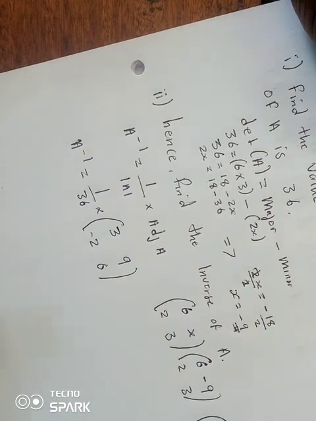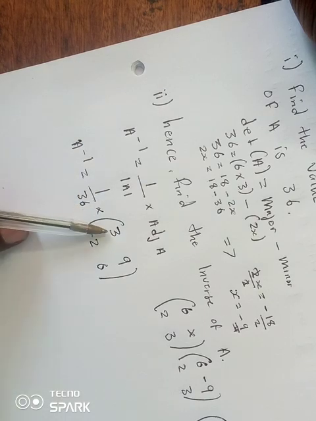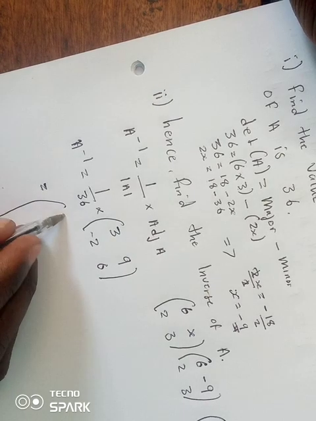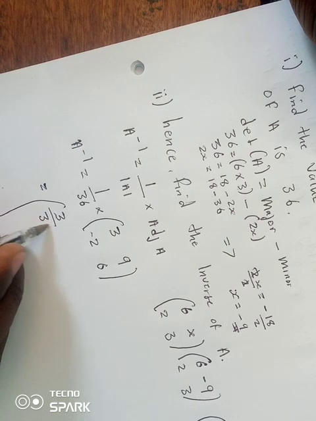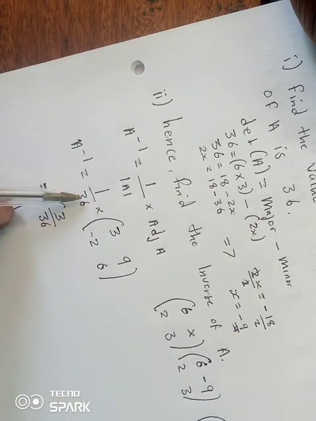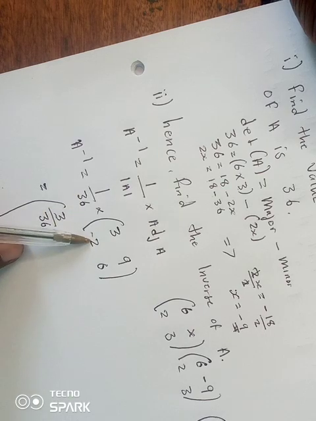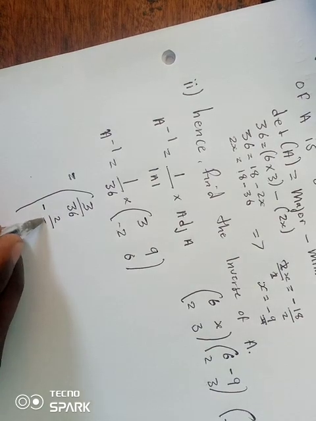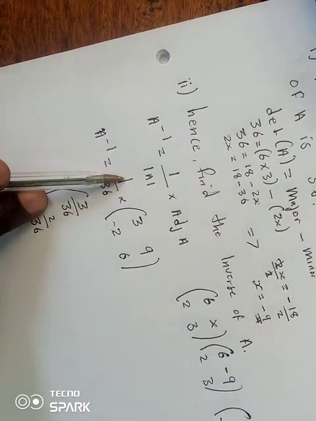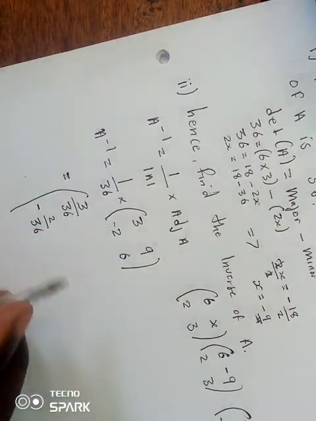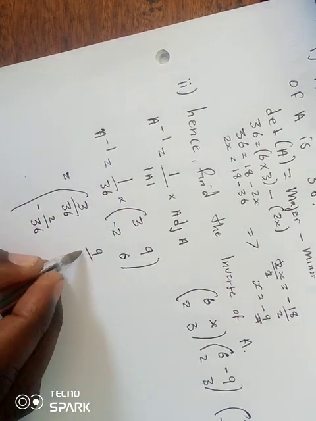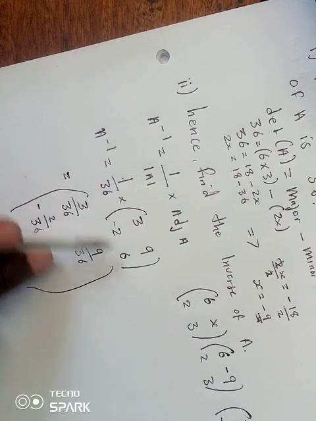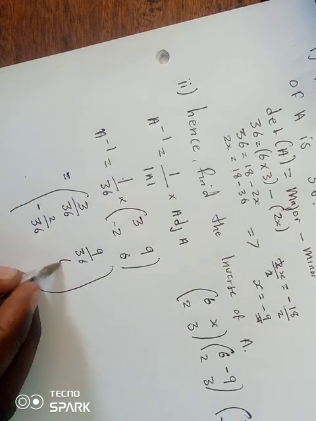Now we multiply 1 over 36 by 3, which gives 3 over 36. 1 over 36 multiplied by -2 gives -2 over 36. 1 over 36 multiplied by 9 gives 9 over 36. 1 over 36 multiplied by 6 gives 6 over 36.